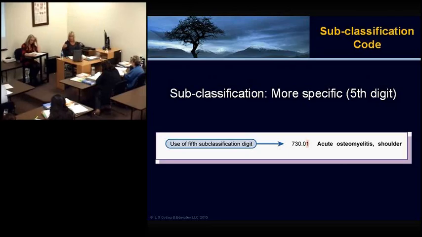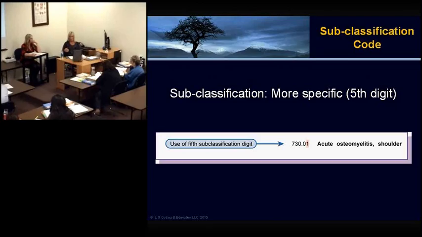Sometimes, like when we looked at that other code, the subclassifications will be right under the code itself. But if there's a lot of them, in order to make it easier to list it, they'll just put it in that little periwinkle box, and you have to go up to that box to find the fifth digit. When you take a test, it's the same as if you were coding. So if I asked you to code acute osteomyelitis of the forearm, and you only gave me 730.0, the whole question is wrong.